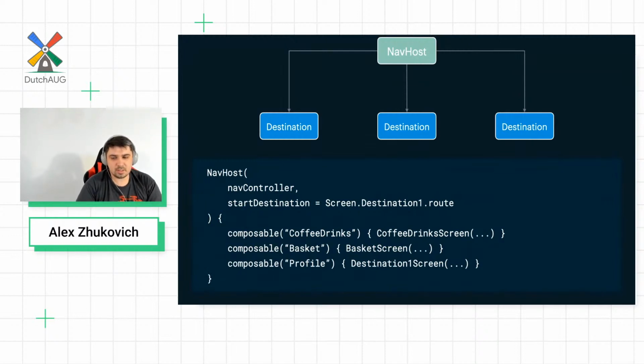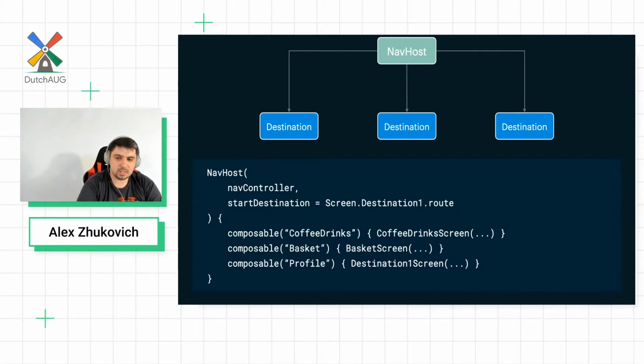So inside this NavHost we can have a container, and in this container we will render some data. So when we create a NavHost object, we need to create a navigation controller. Later on we will talk about it, and we need to add a start destination, because our destination should be matched to one of the composable functions which we have inside.